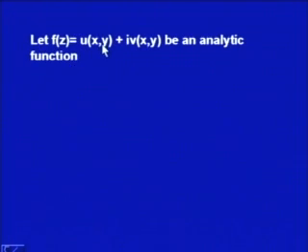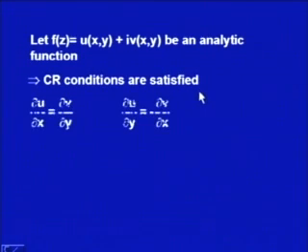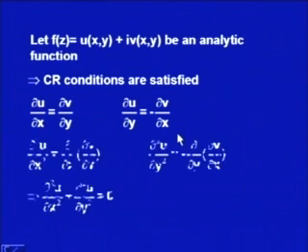Let f(z) is equal to u(x,y) plus i v(x,y) be an analytic function, then CR conditions are satisfied. That means delta u by delta x is equal to delta v by delta y, and delta u by delta y is equal to minus delta v by delta x.